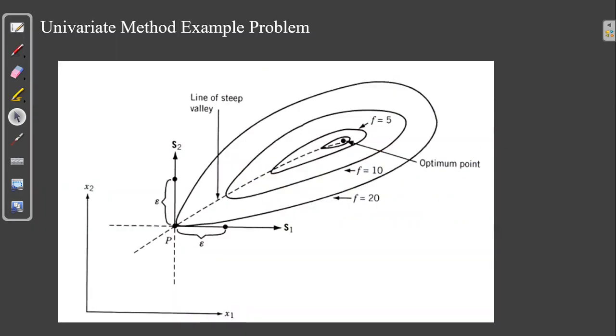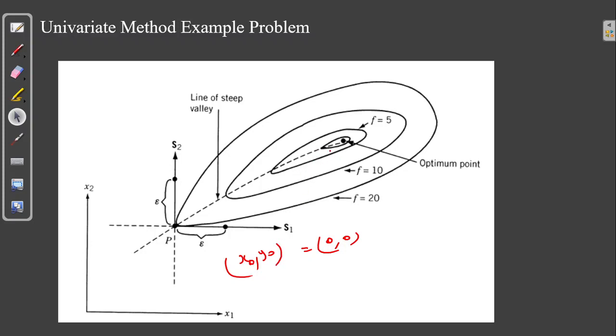Yes, this is our problem. X1, X2 is the x plane. Initially we have this point X0, Y0 equal to 0, 0, given like this.